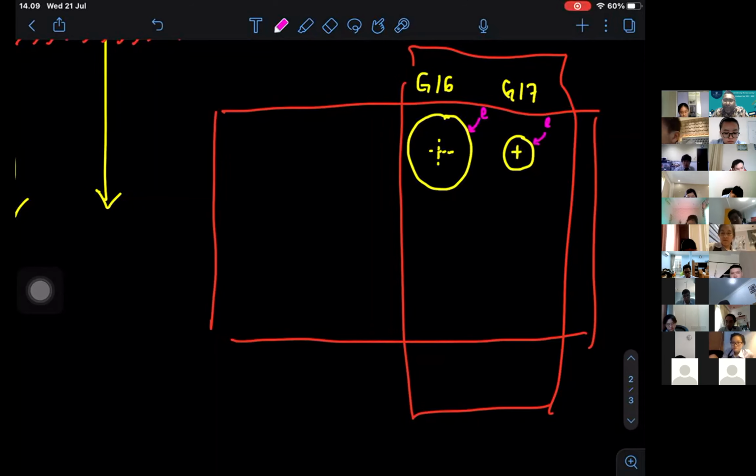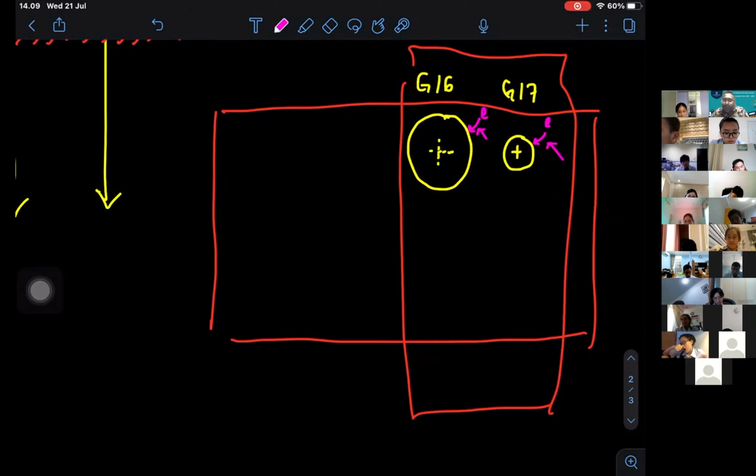So if you compare the bond being formed over here with the bond being formed over here, there will be better bonding between group 17 and the electron compared to group 16 with that electron.